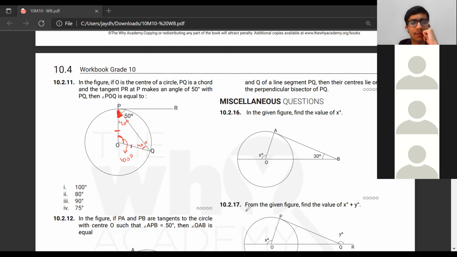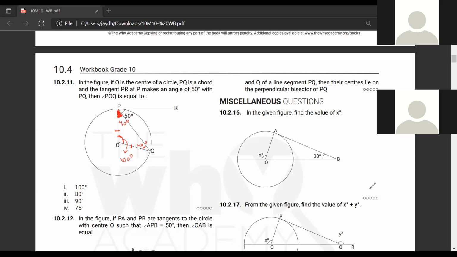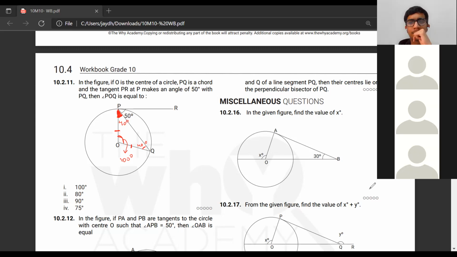Okay, Ananya, are you stuck? Yes, sir. Can you explain? Okay, so will this angle be 90 degrees? Yes, sir.